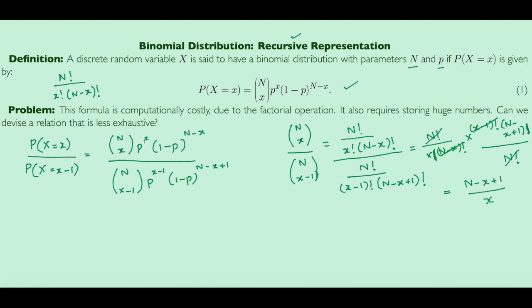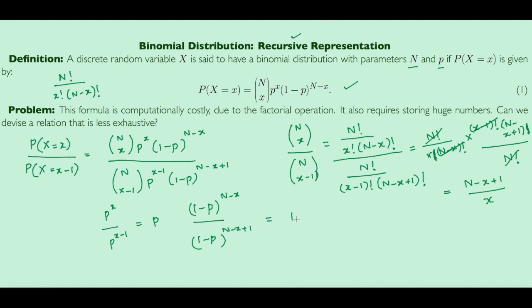Now what is p to the x divided by p to the x minus 1? This is equal to just p. What is (1 minus p) to the n minus x divided by (1 minus p) to the n minus x plus 1?